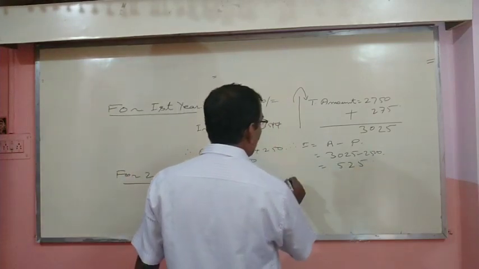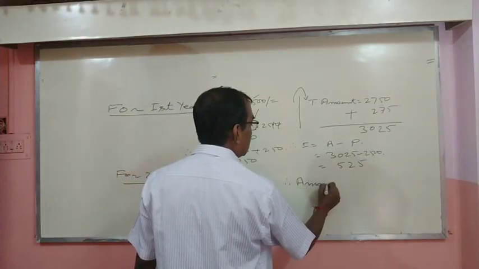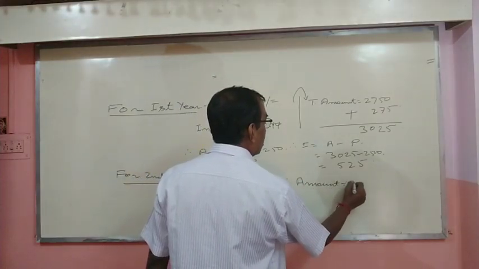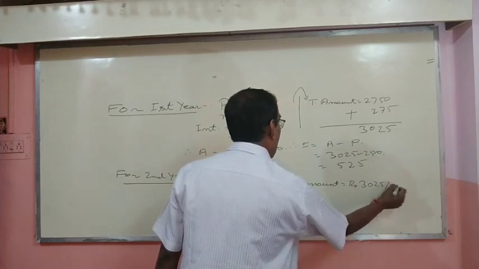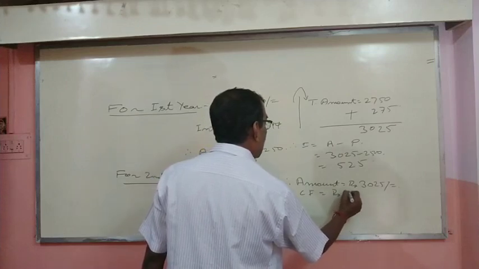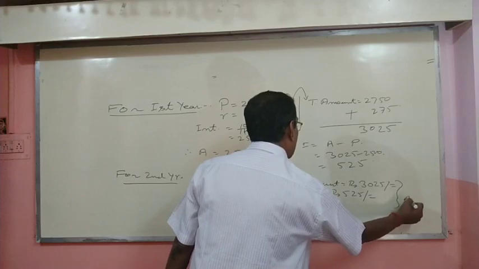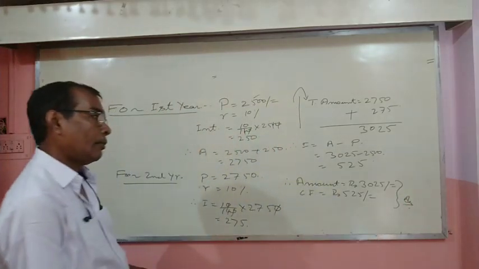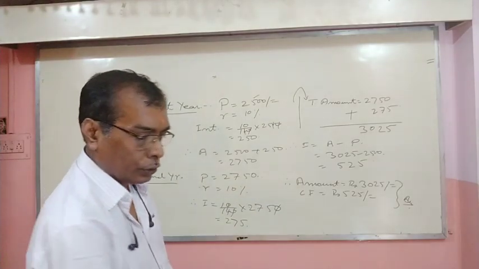So make an index here: the amount is equal to rupees 3025, and the compound interest CI is equal to rupees 525, and that will be our answer. Is it clear? So this is the first question.